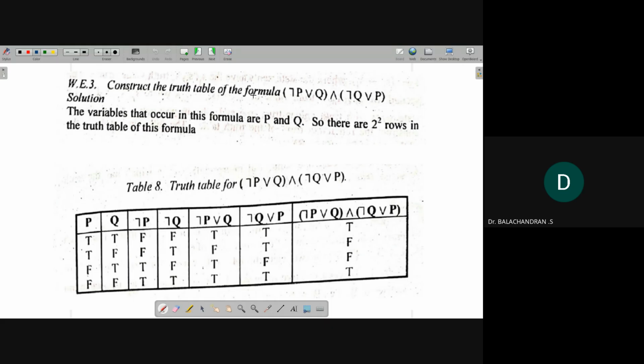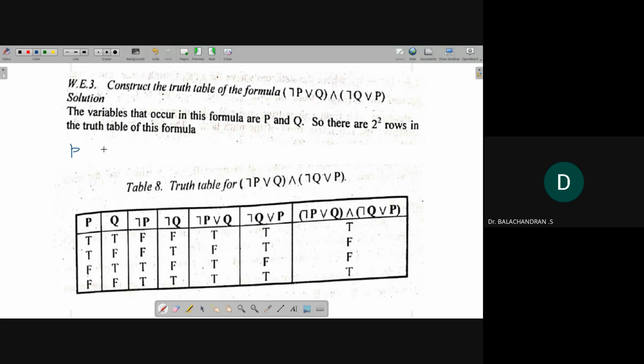Construct the truth table for the formula negation P or Q and negation Q or P. Here I have P and Q only. So again, first you should decide what are the variables you need. What are the columns? P we need.